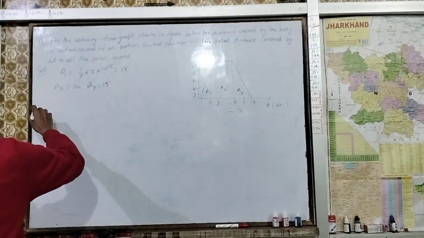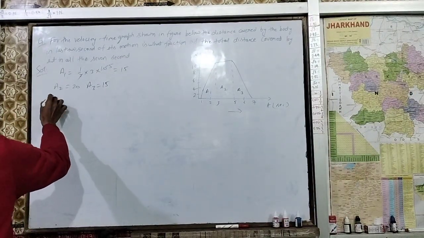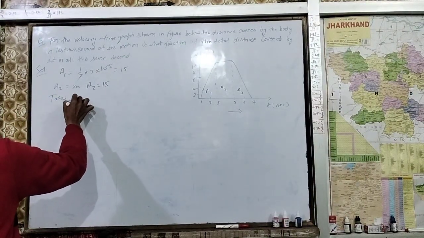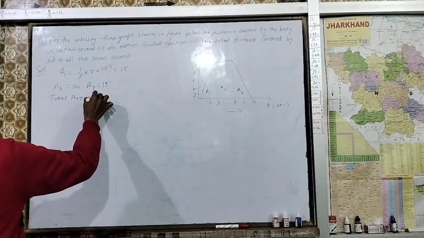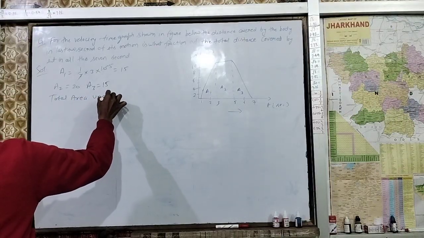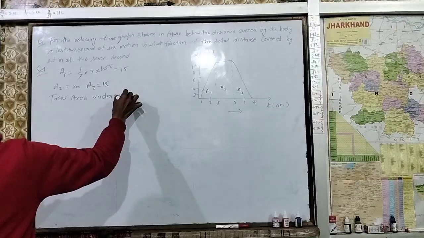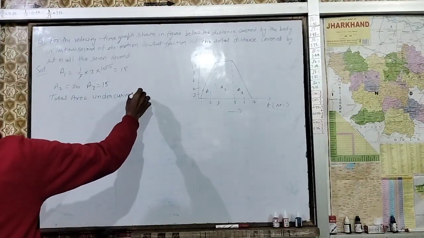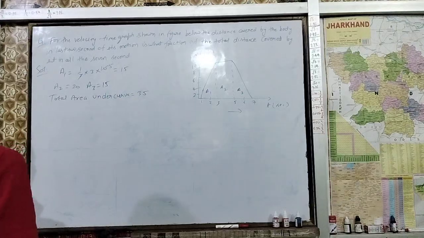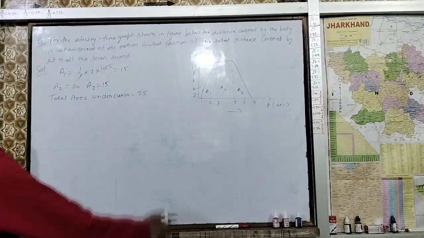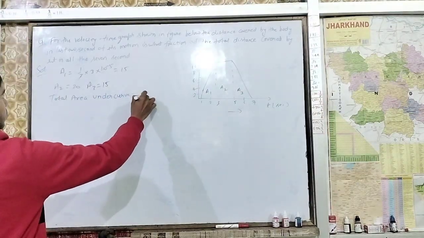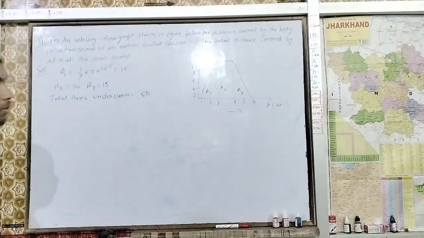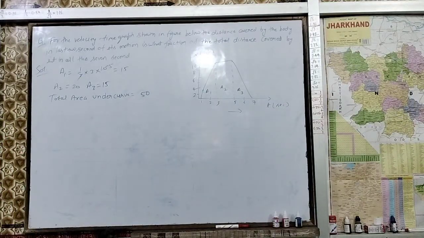So total from it, total area under curve is 15 plus 30, 30 plus 20, 50 meter.